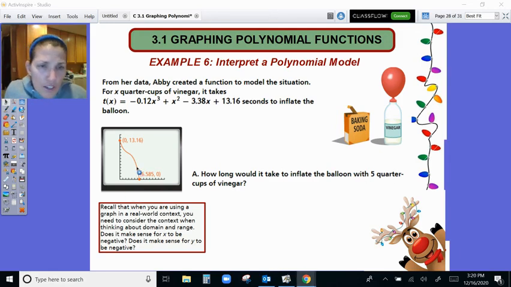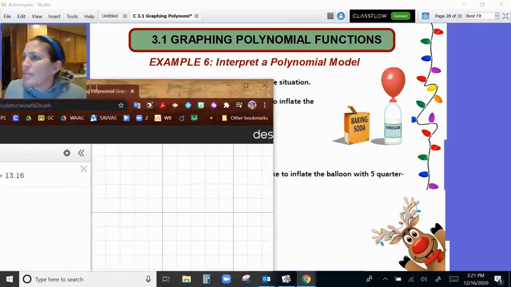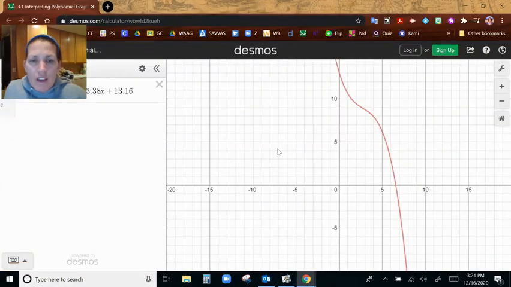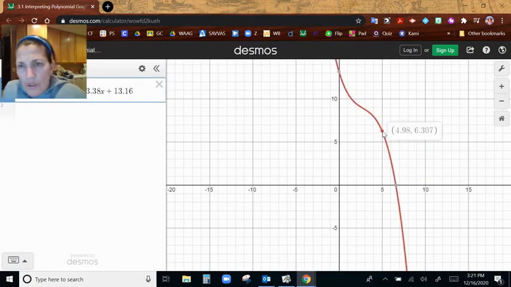So we look over here. I'm trying to pull this up here. It's not working too good. I'll see if I can get it over here. Here we go. So with 5, we come up here at 5, boom, and it's close to, let's see if I can get right on 5 here. There we go, 6.26, right?